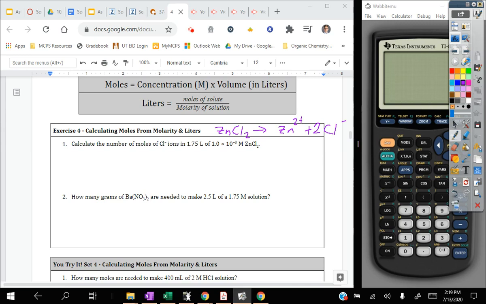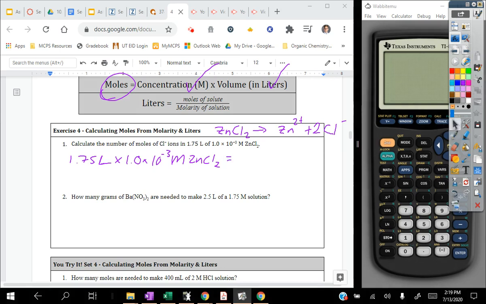I'm given liters and I'm given a concentration, so I have to find moles first. So 1.75 liters times 1.0 times 10 to the negative third molar zinc chloride. And let's do that in the calculator.